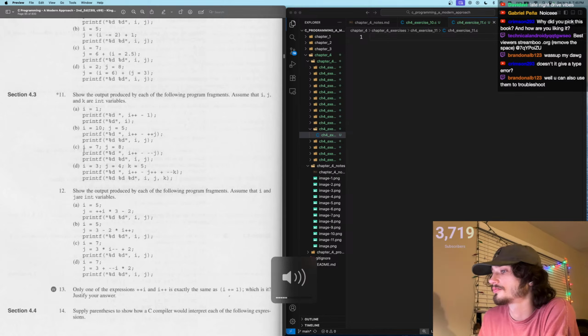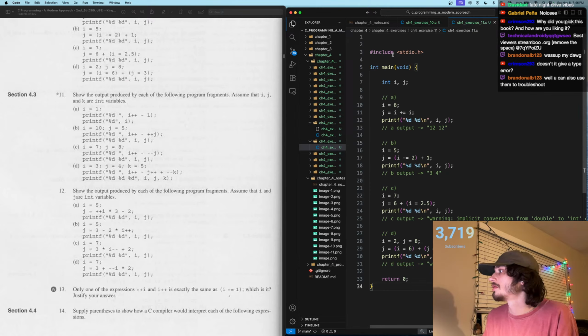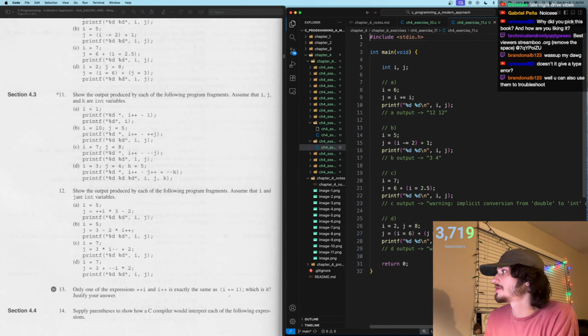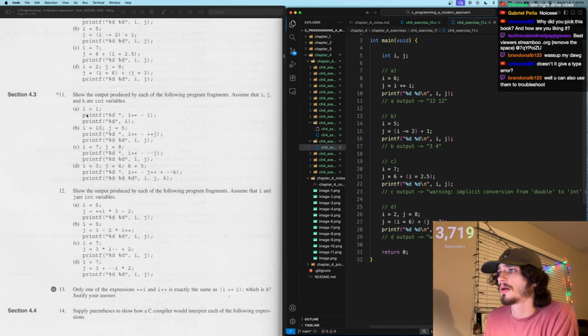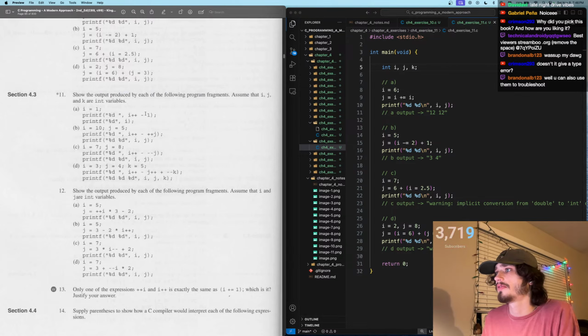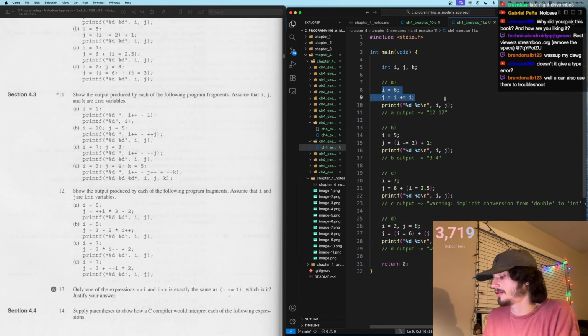Okay. 11. Show the output produced by each of the following fragments. More of this stuff. I, J, and K are int variables.